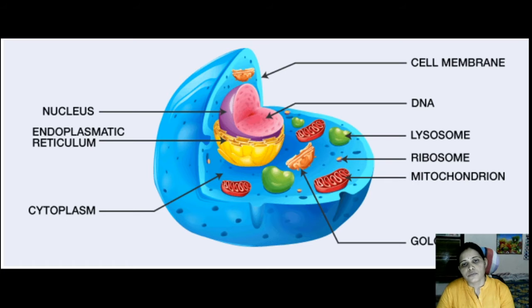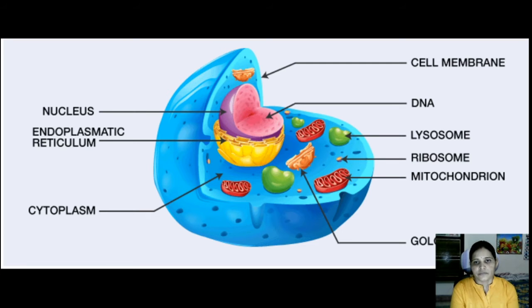Then in green color you can see a spherical body. These are lysosomes. Lysosomes contain hydrolytic enzymes. Because of hydrolytic enzymes, these lysosomes are also called suicide bags of a cell. Many other organelles like the Golgi apparatus, you can see here, are also an important part of a cell.